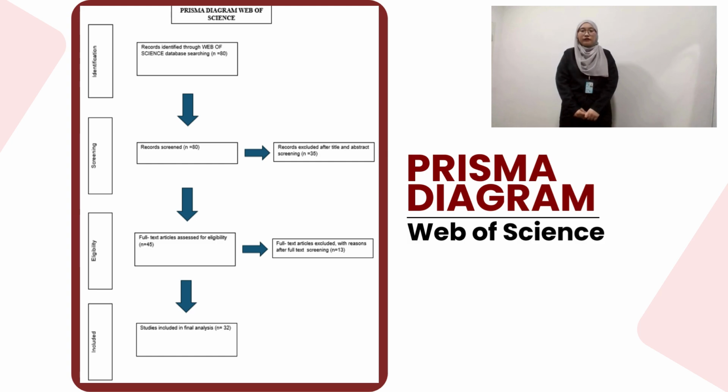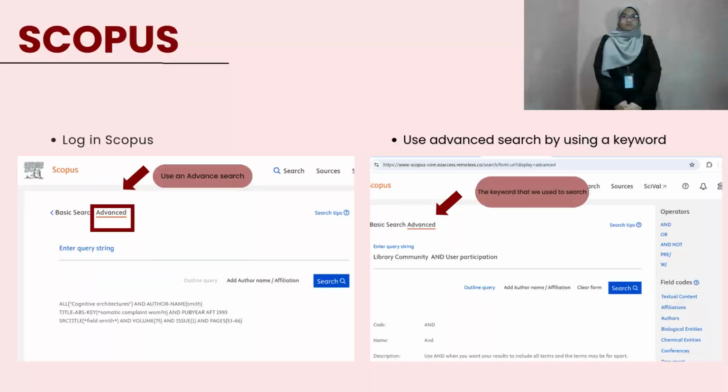This resulted in 45 full-text articles assessed for eligibility. Following the full-text review, 13 articles were excluded due to irrelevance. Finally, 32 studies were included in the final analysis.